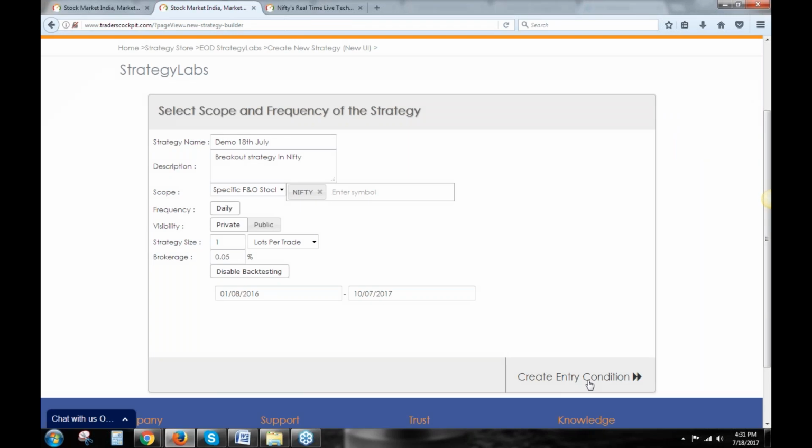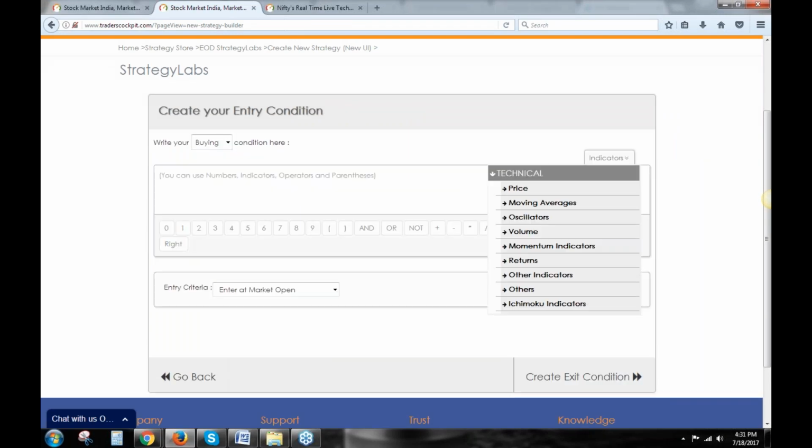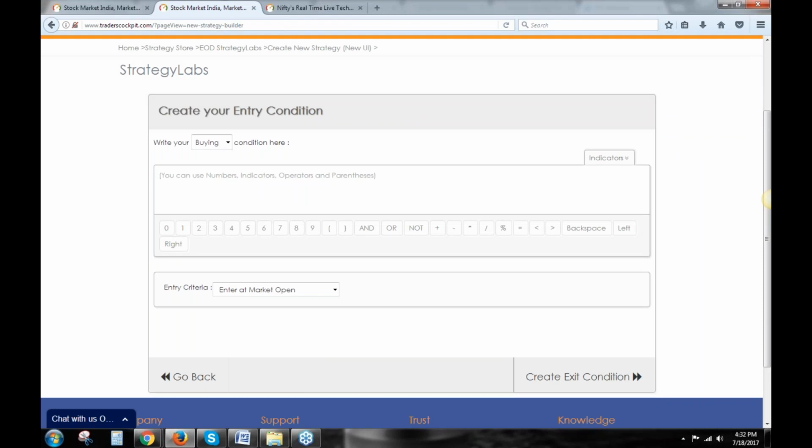Now coming to the entry condition, when you have filled in the initial parameters, when you have filled in the initial page, it will bring you to the next page where you need to put in the entry condition and the exit condition. So when I say I want to backtest a strategy, it simply means the strategy which I want to create should have a well-defined entry condition as well as a well-defined exit condition also.